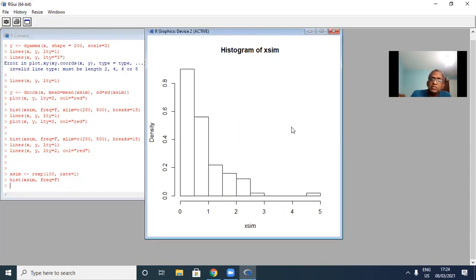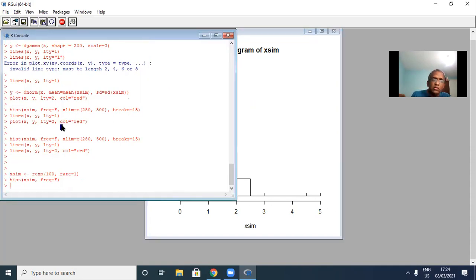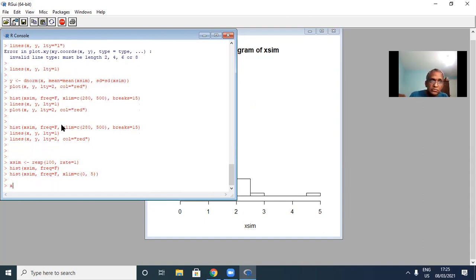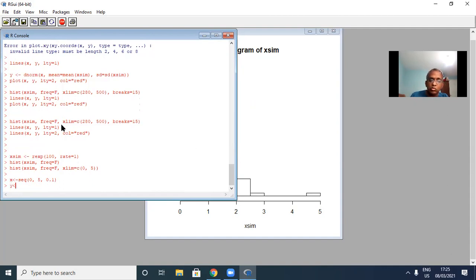This is the histogram of the data. And as you can see, the x-axis goes from 0 to 5. So let me take xlim, the range of the x-axis, to go from 0 to 5. And let's take x to be the sequence from 0 to 5 in steps of 0.1, and define y to be the density of the exponential at x with the rate parameter equal to 1.